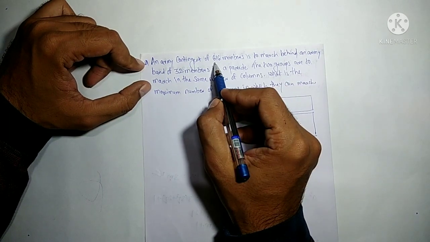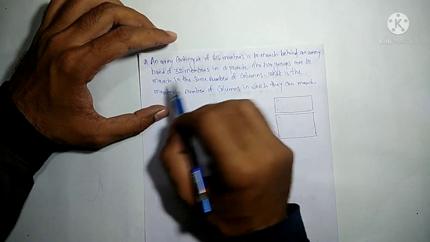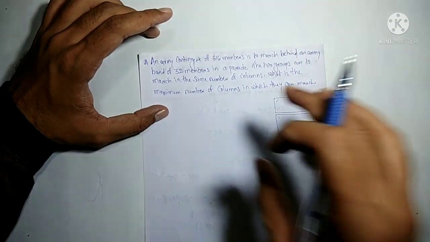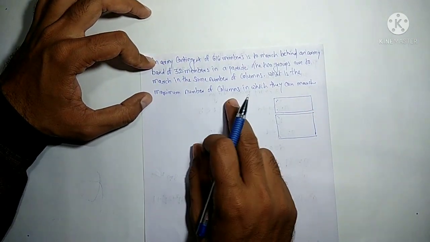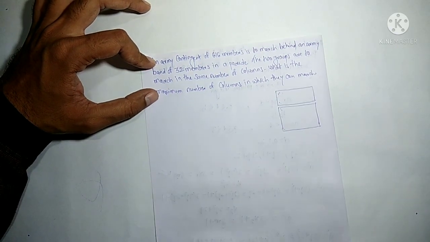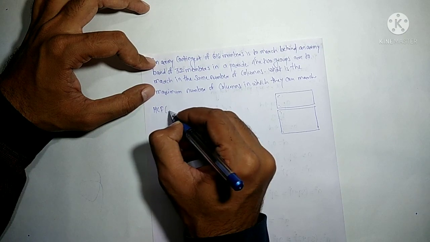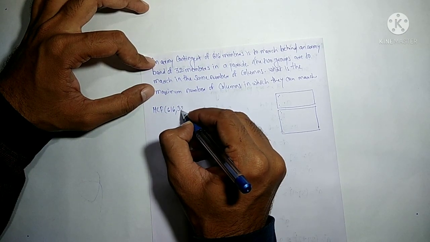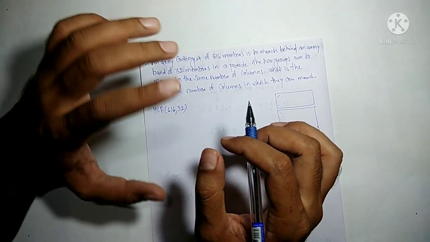The two numbers are 616 and 32 members. Both groups use the same columns. So we need to find the HCF of both these numbers. The HCF of 616 and 32 will give the maximum number of columns in which they can march.